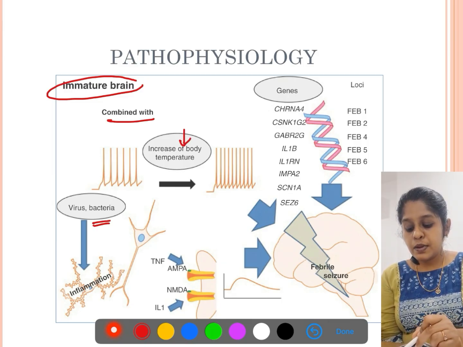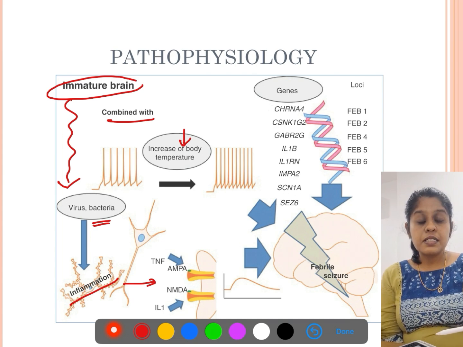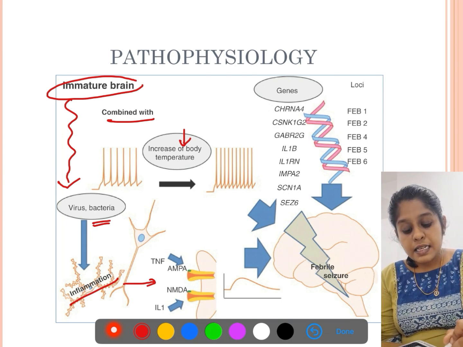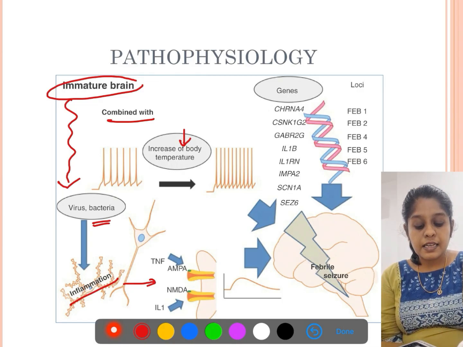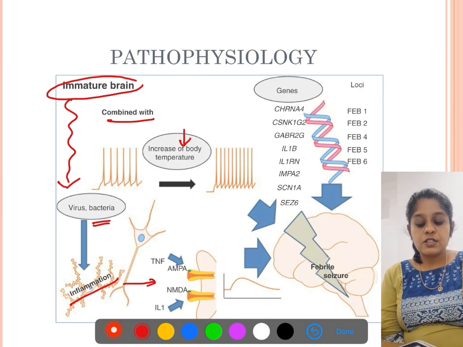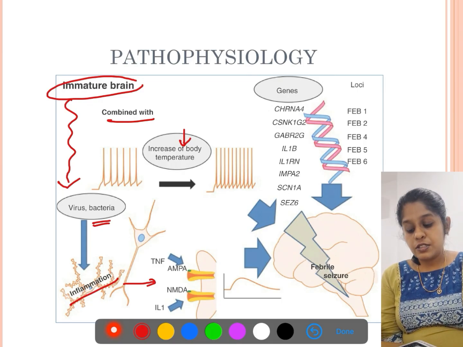In an immature brain, inflammation activates AMPA and NMDA channels because of the interleukins and tumor necrosis factor. There is increased signaling of channels, for example the SCN1A channels. The genes associated with this, SCN1A and IMPA2, trigger these channels, causing febrile seizure.